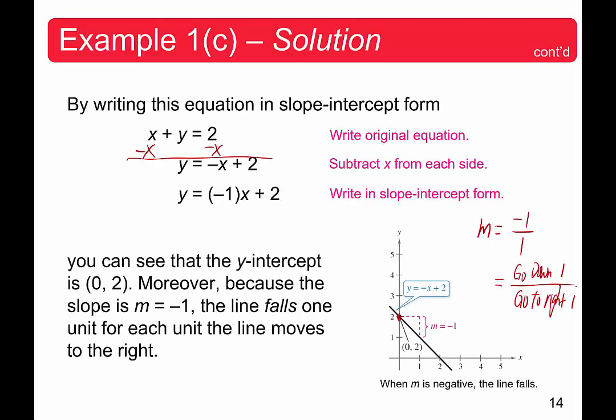It stops here, and we come up with another ordered pair, which is (1, 1). Connecting those 2 points determines the line, and extending in both directions, you get a line. That's exactly how we graph it, using the slope and the y-intercept.